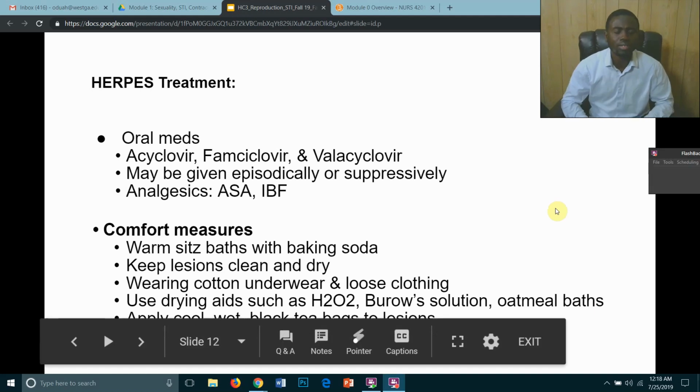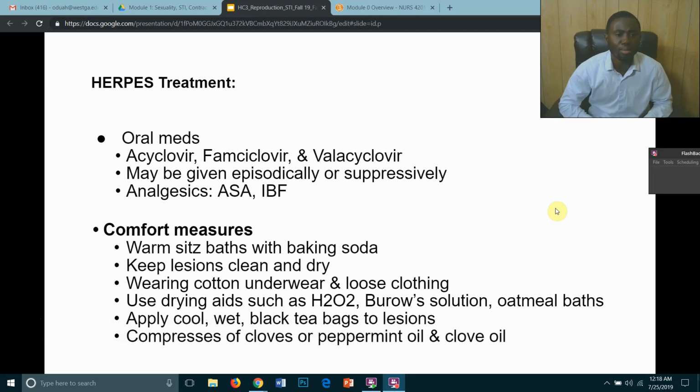So nursing considerations include administering oral analgesics as prescribed during an outbreak, and also applying local anesthetic sprays or ointment as prescribed to the lesions, which can be very painful.